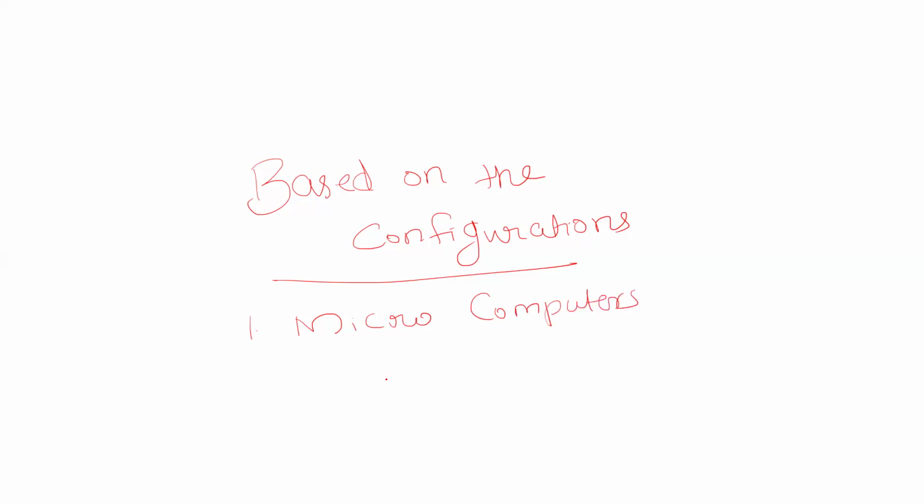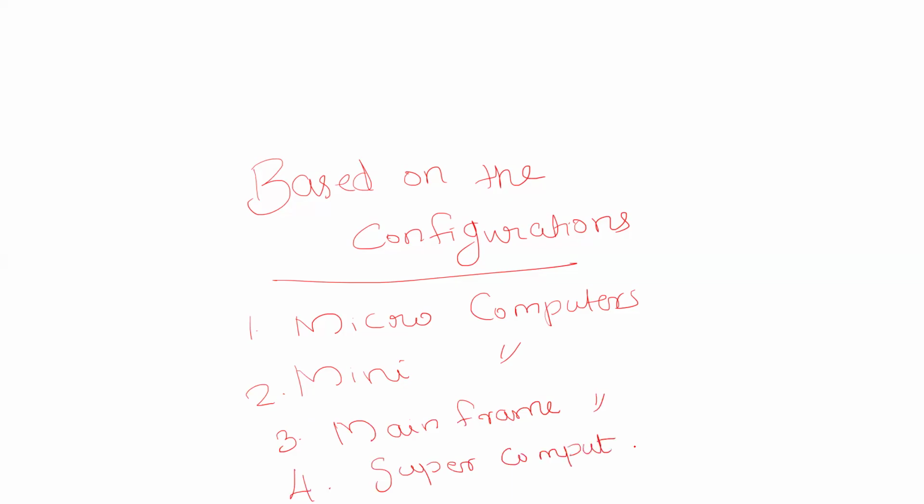Then minicomputers. Then the third one is mainframe computers. And the fourth one is supercomputers. So these are the main categorized types of computer systems, based on the configuration.